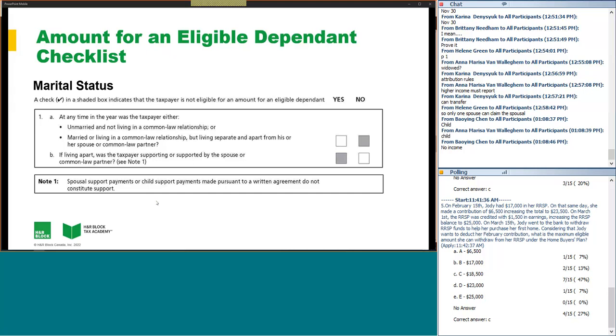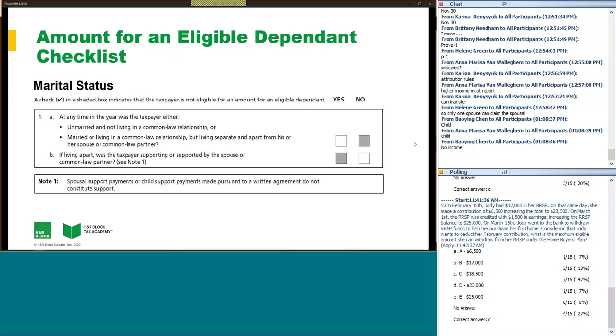So if you separate from someone and you're still financially supporting them out of the goodness of your heart, you're going to tick yes. If you separated from them and you can't stand them, but the court said you have to give them money, or because of an agreement that you made for various reasons, you have to give them money, then you can still tick no because you are not supporting them. So that one's a little fuzzy. We're going to come back and look at it again when we talk about separations and divorces.